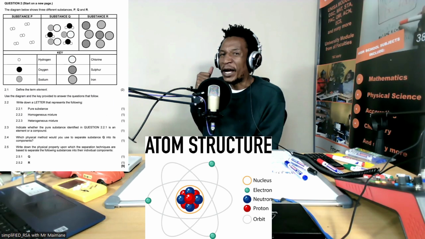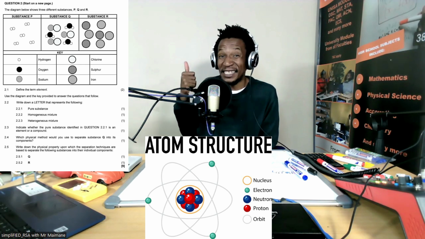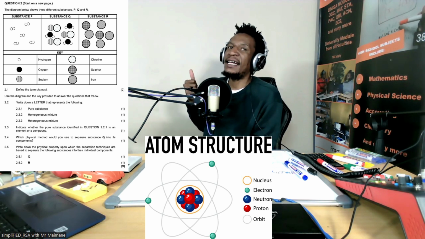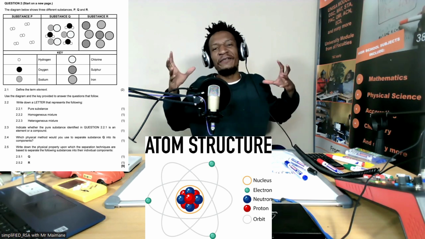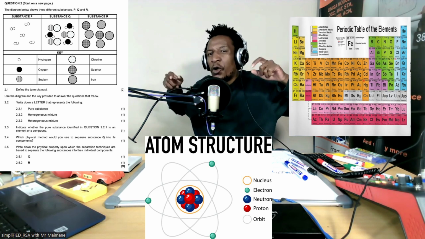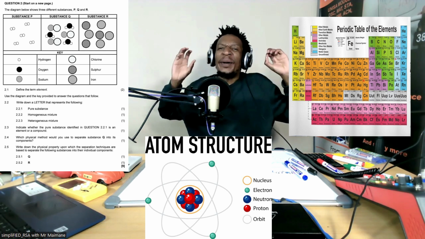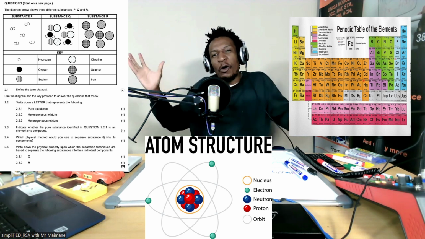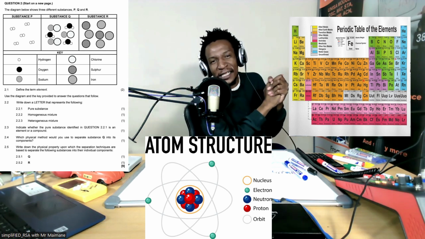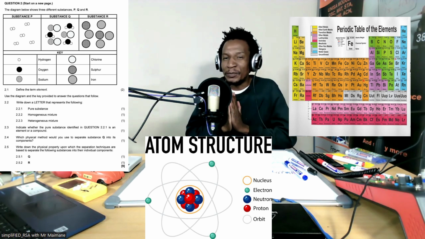So now, for this question, we can see this is not life science. This is chemistry. And in chemistry, we have the so-called periodic table of elements, whereby all the natural elements are collected and grouped in one table. We all know the periodic table.